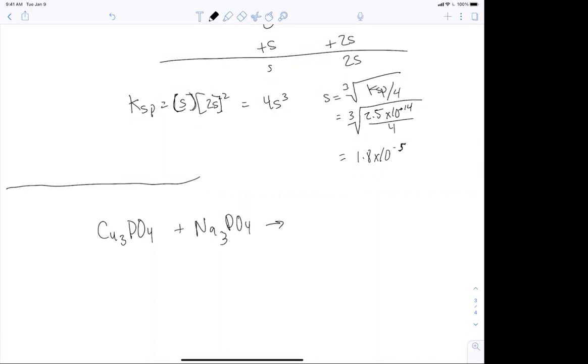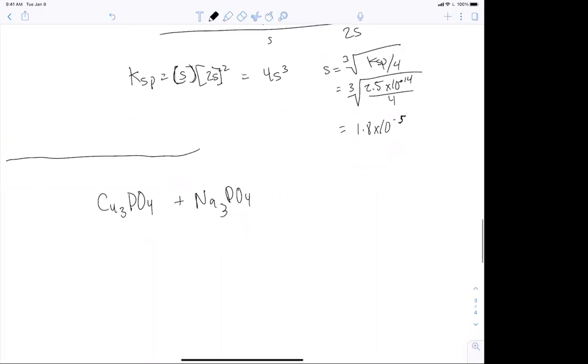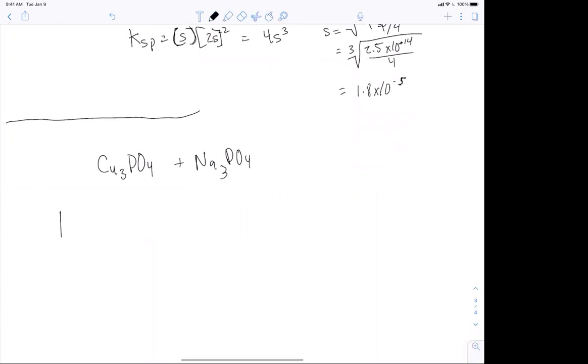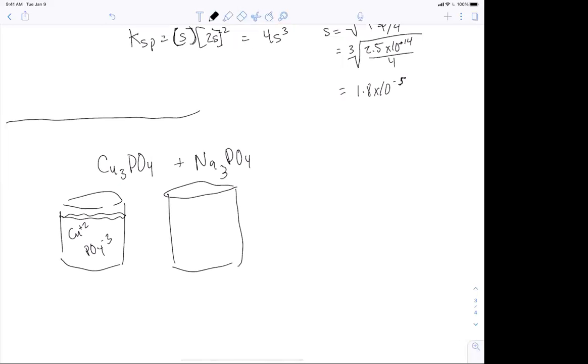I guess it's saturated. Okay, so you've got two. Sorry, I'm trying to imagine the setup. So they're saying it's saturated, so that means you've got some copper and phosphate in one flask, and we've got sodium and phosphate in the other flask.